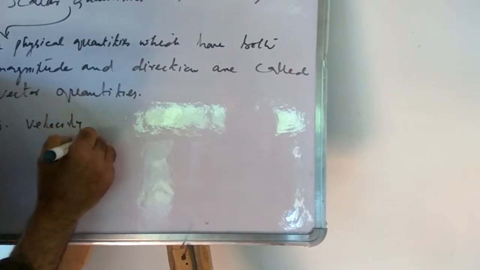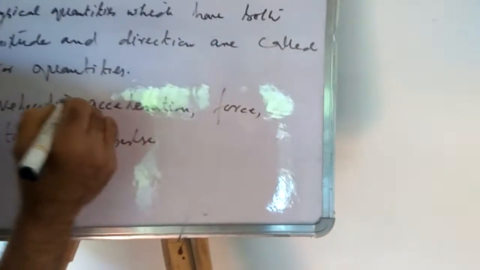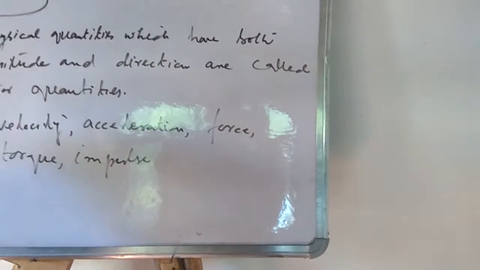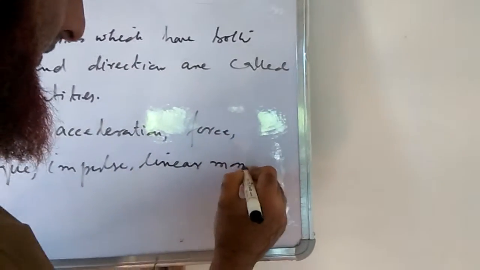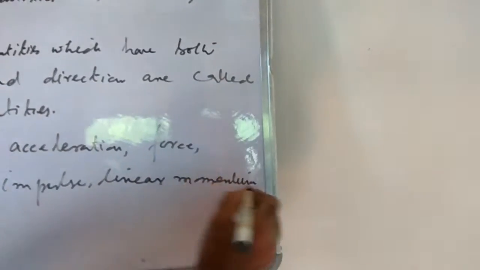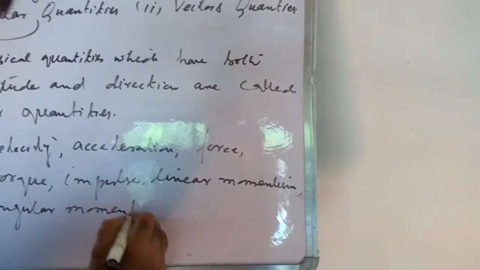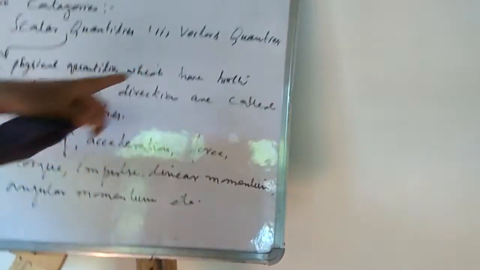Example: velocity, acceleration, force, torque, impulse, linear momentum, angular momentum, electric field, magnetic field, etc. These are the quantities which are known as vector quantities.